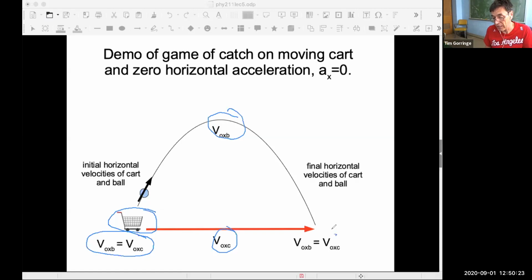And then finally, we'll see that the projected ball lands back in the cart because they traveled the same distance from left to right, because they had the same horizontal velocities from left to right. And that fact that I can catch the ball in the cart after projecting the ball from the cart proves that they both had the same horizontal velocities, that they continue to have that initial velocity in the X direction for the ball, initial velocity in the X direction for the cart.